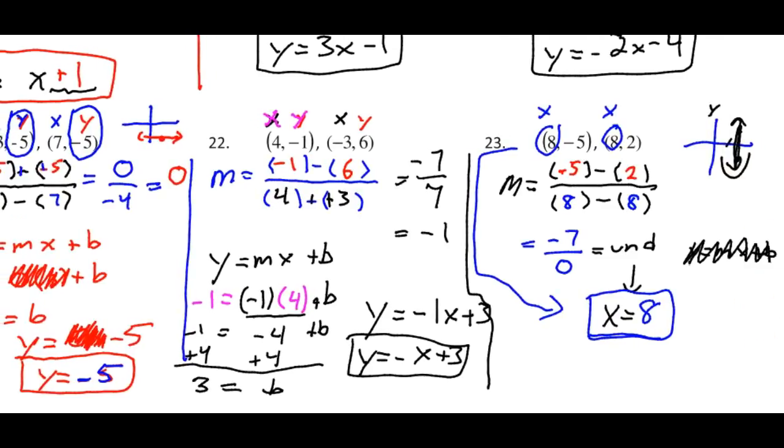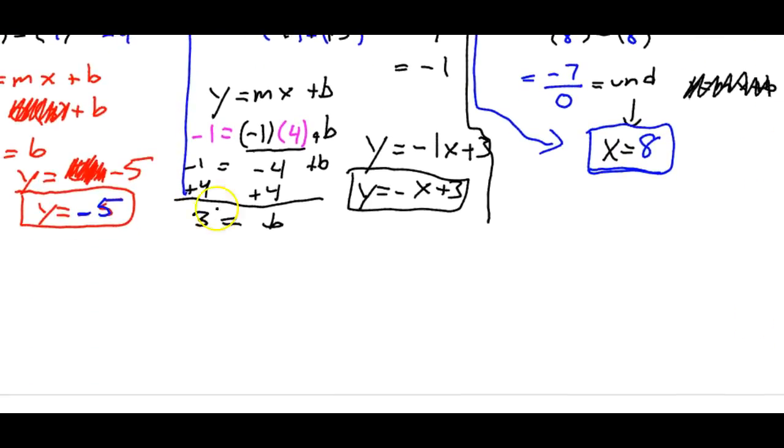One more shortcut I will mention is, what if they give you m equals 2 and the point 0, 4? This might look like you have to do all that work, but there's something about this being a 0 right here.